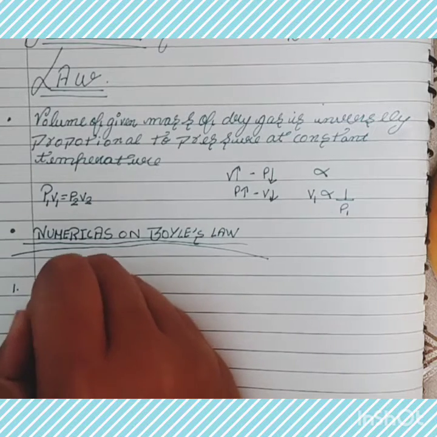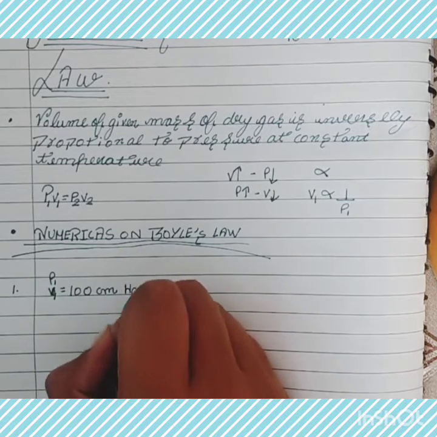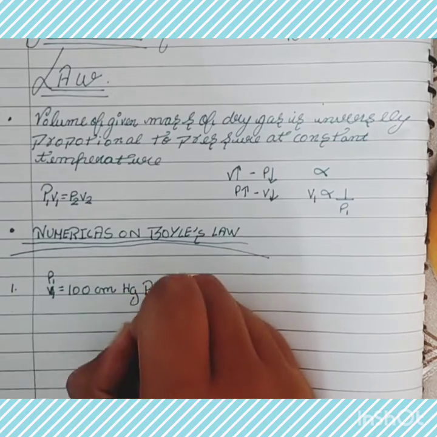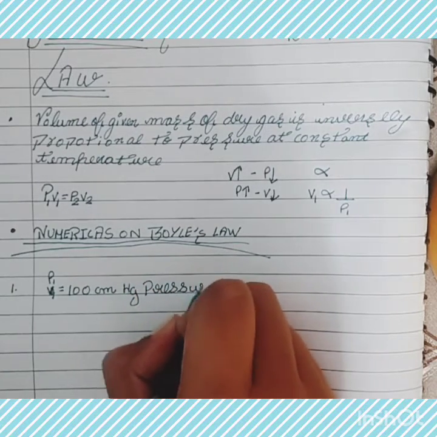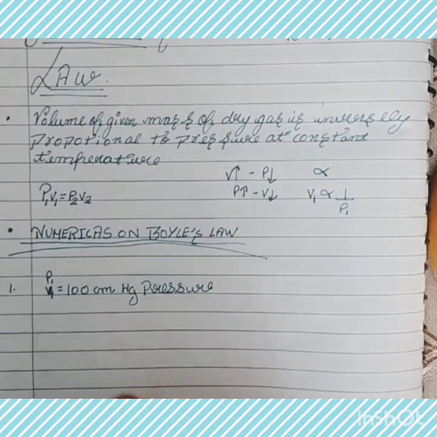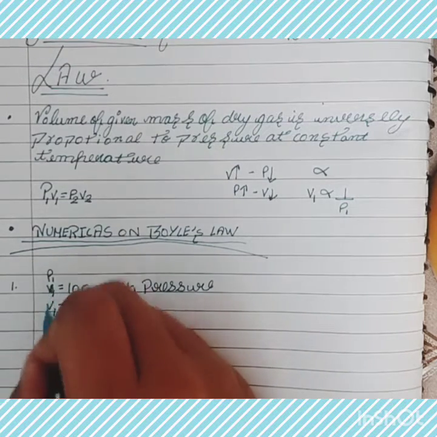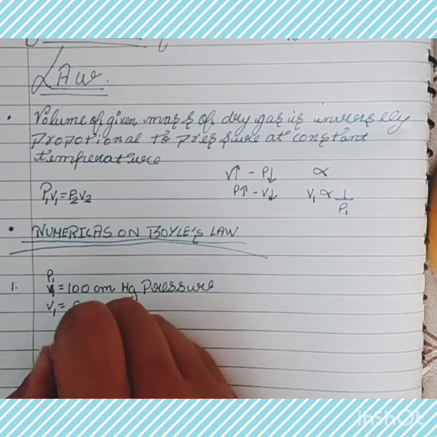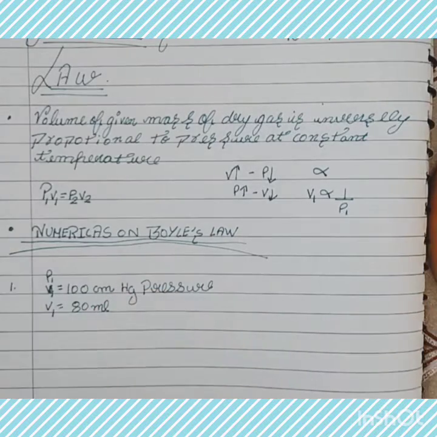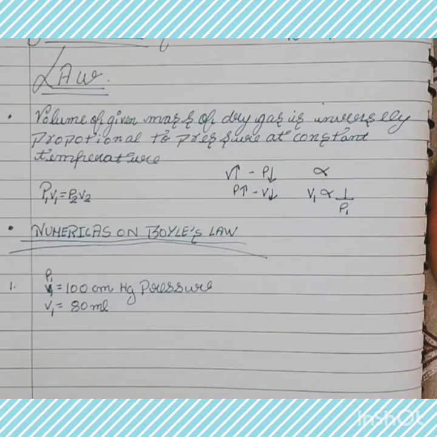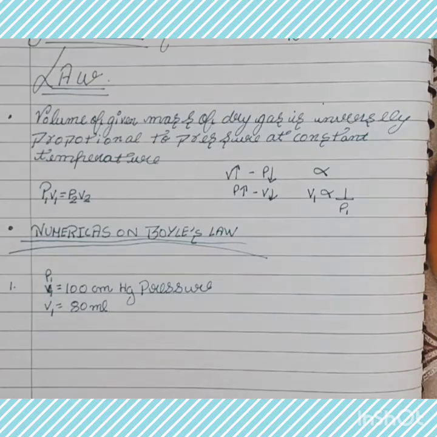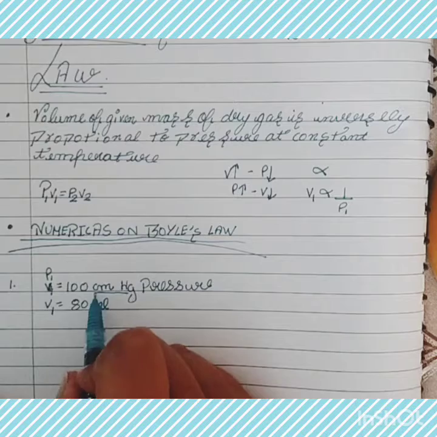It is P1, Hg pressure. Here P1 is there. So okay, now volume. I got confused in between, but 80 ml is the volume. If you want to learn what is volume and what is pressure, first you have to see the numerical and then look at the units.